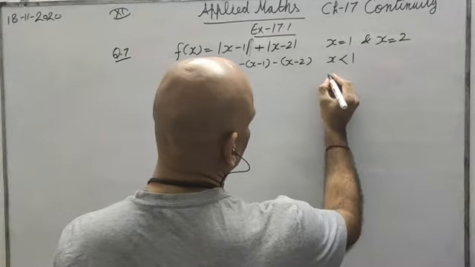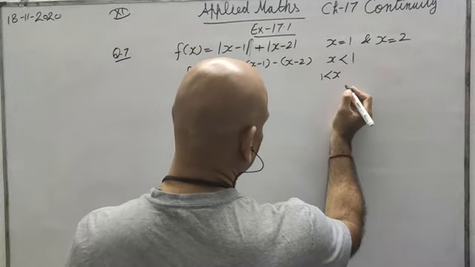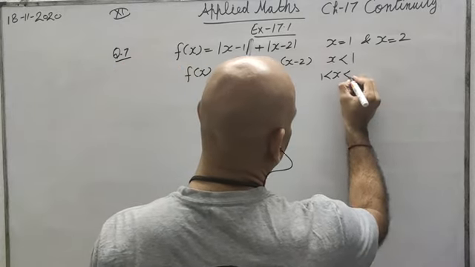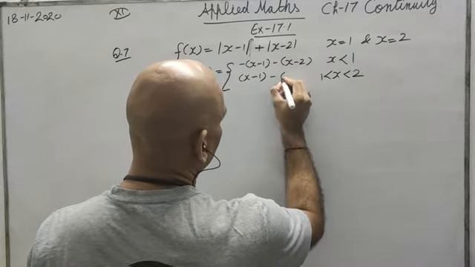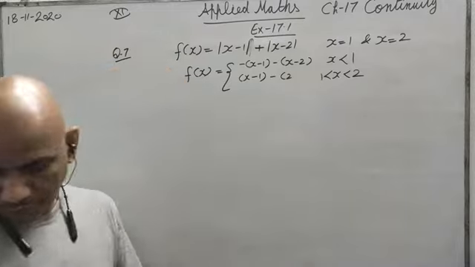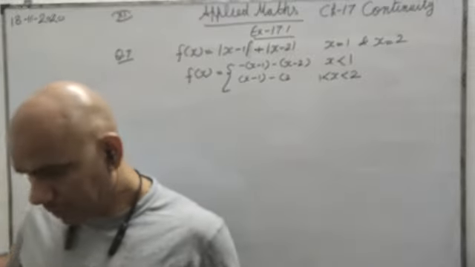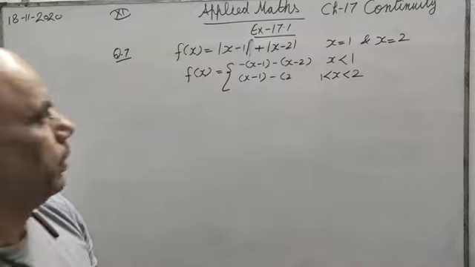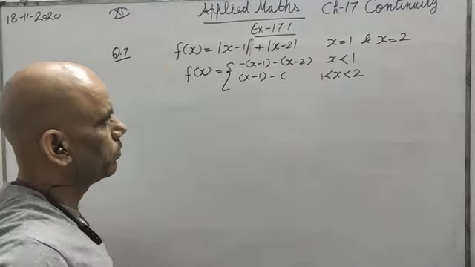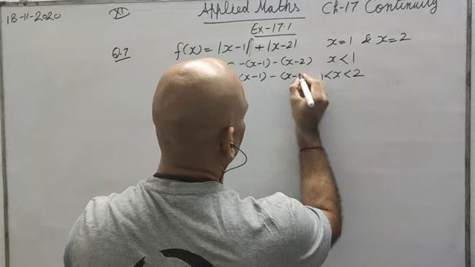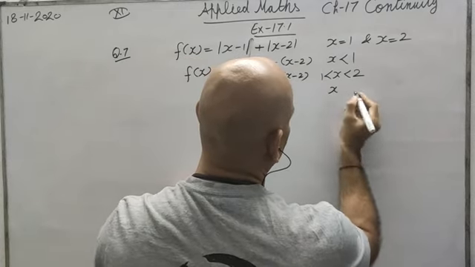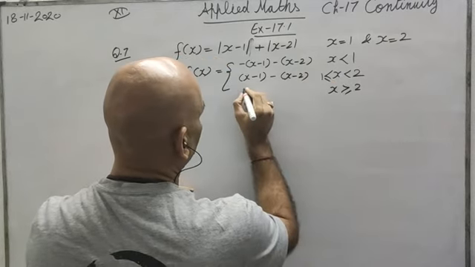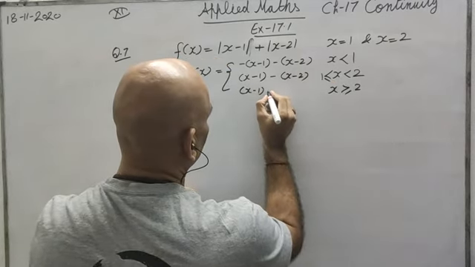And when x is more than 1, x minus 1 will be positive, but when x is less than 2, x minus 2 will remain negative. So it is minus (x minus 2), and when x is more than or equal to 2, both of them will be positive.